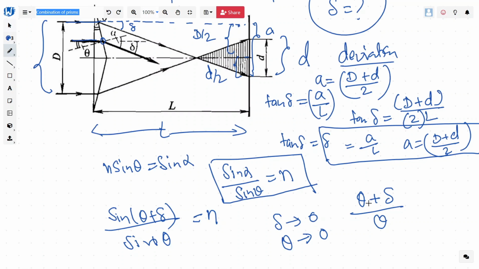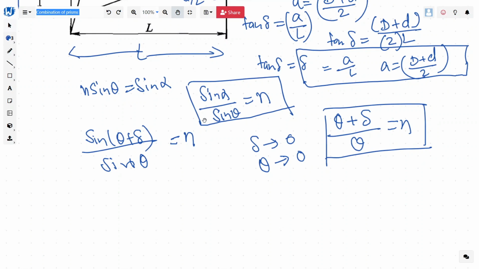So theta plus delta divided by theta is going to be equal to n, and therefore delta is going to be theta into n minus 1.